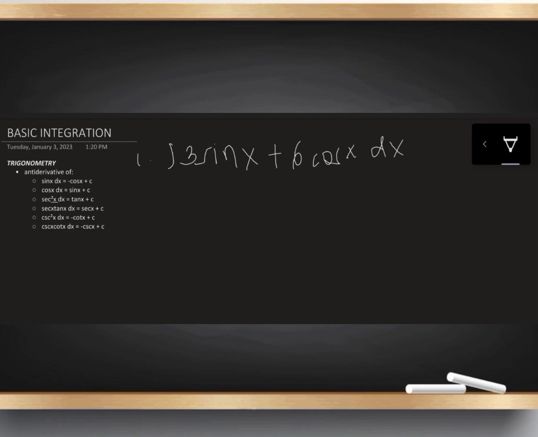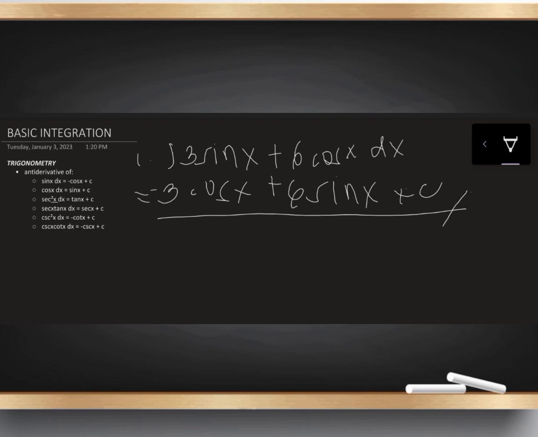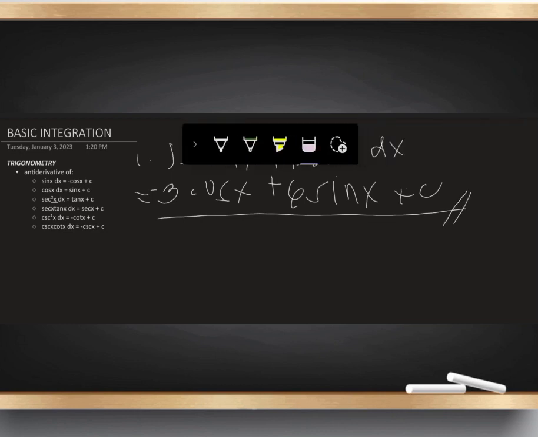So 3, the integral of sine x is negative cosine x. So we have negative 3 cosine x. So cosine x is sine x. So we have plus 6 sine x. And don't forget plus c. So this is our answer. So let's have another problem.